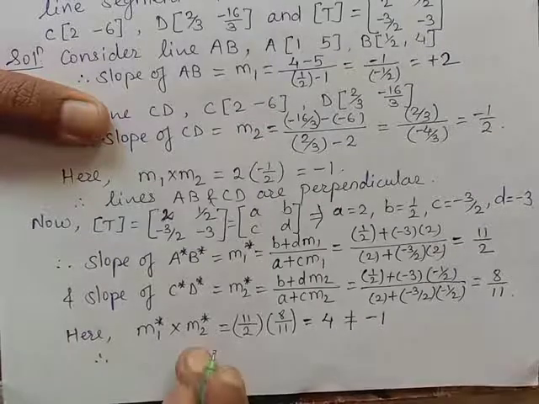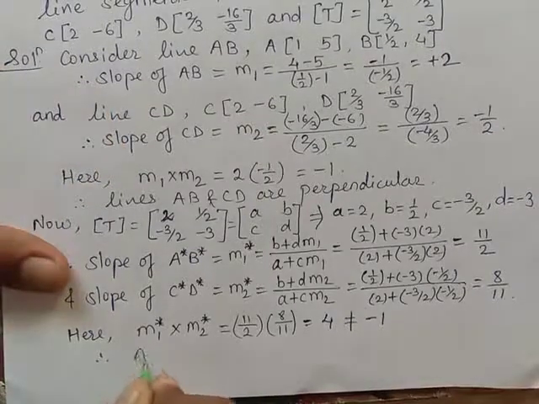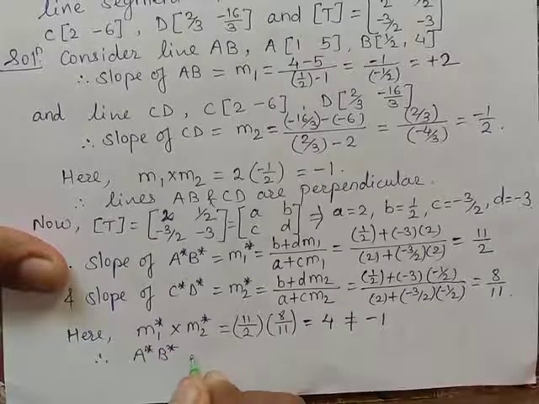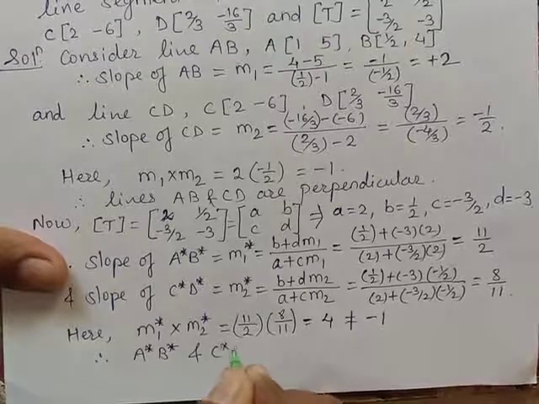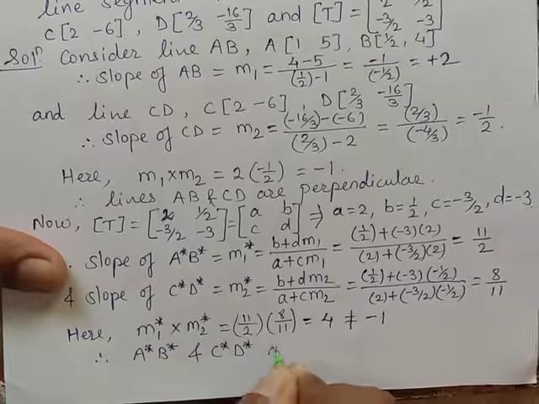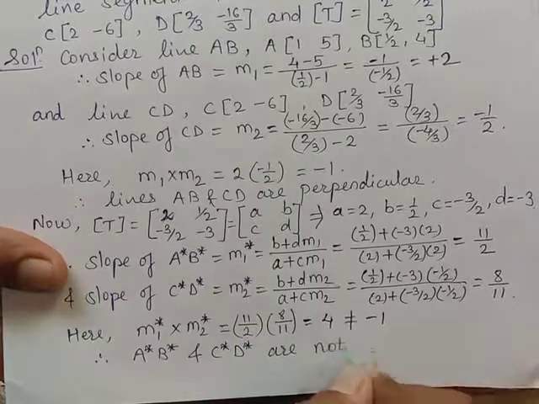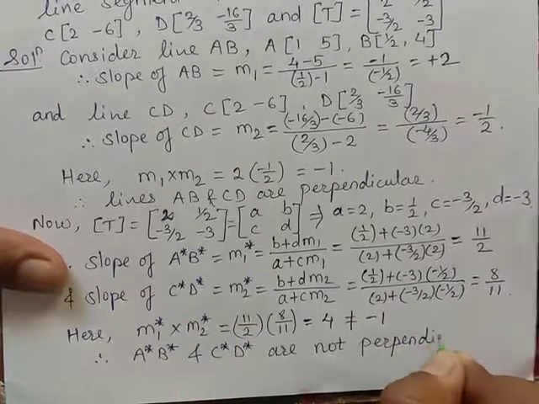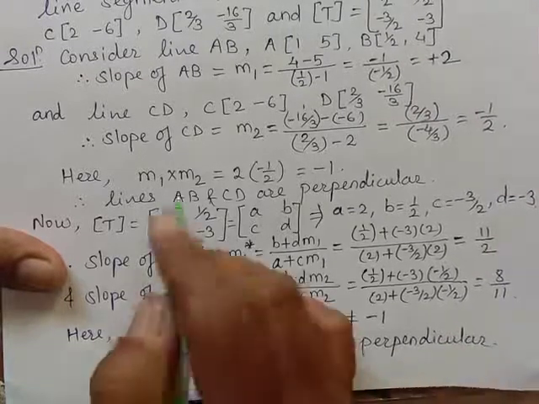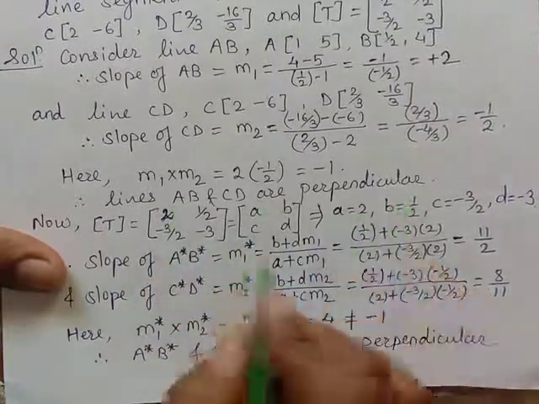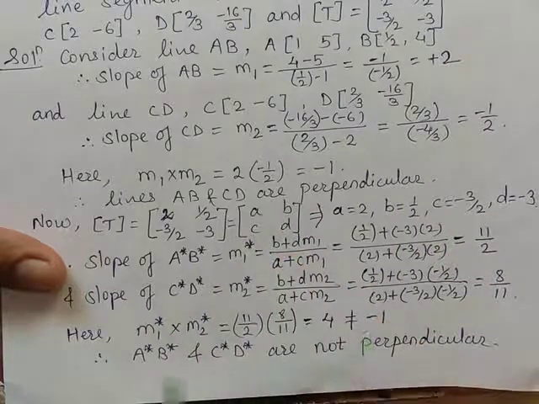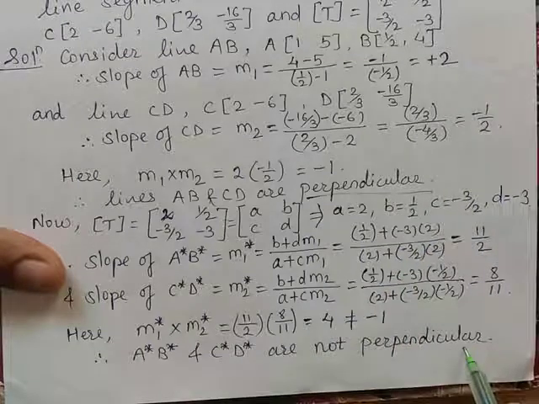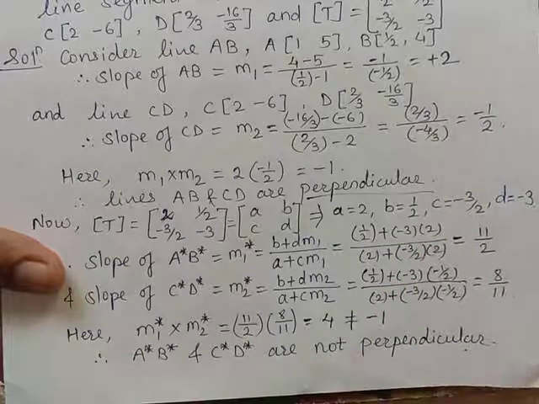Therefore, I can say A star B star and C star D star are not perpendicular. So, angle between two lines is 90 degree, but after transformation it won't be 90 degree. So, perpendicular lines are not necessary to transform to perpendicular line. This is a proof for this.